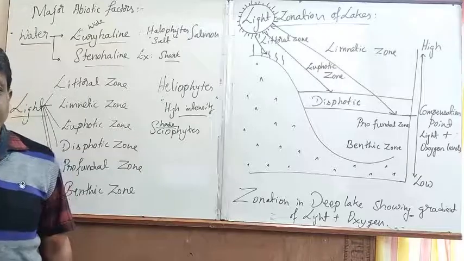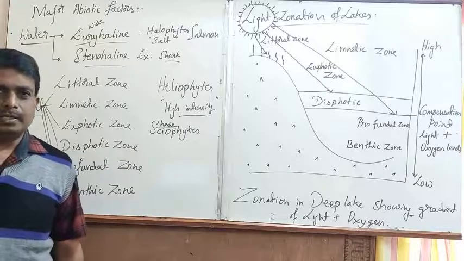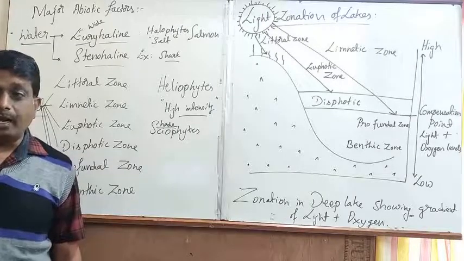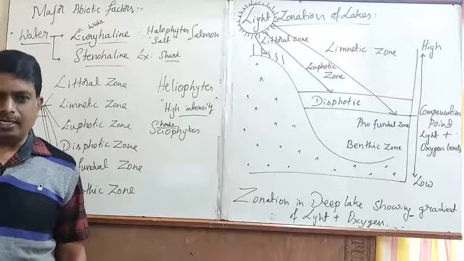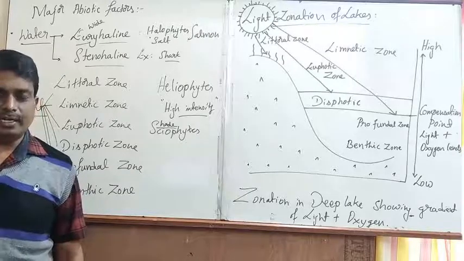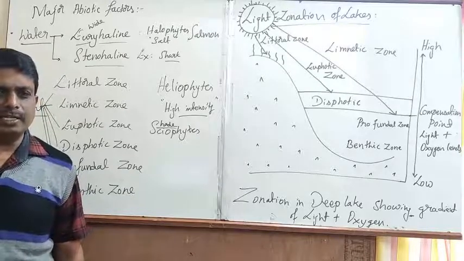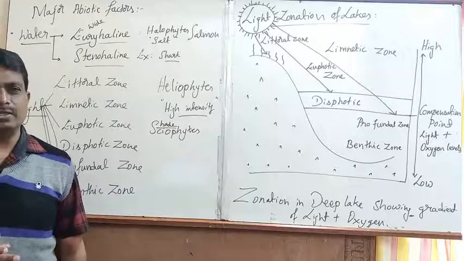In the spectrum, the ultraviolet radiation and the infrared radiation are very lethal to living organisms.